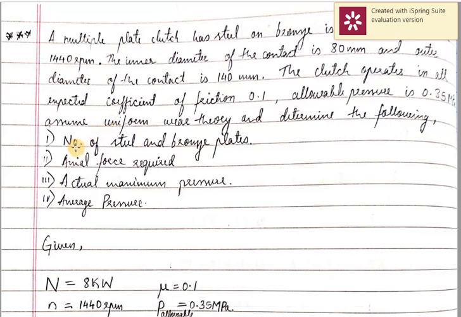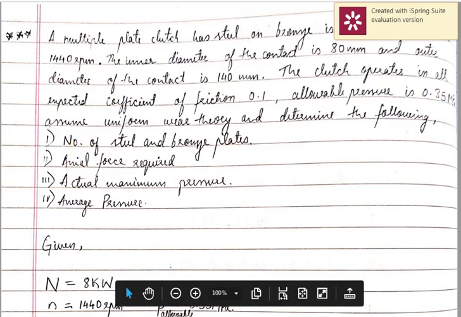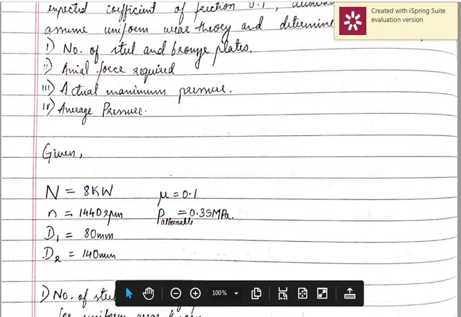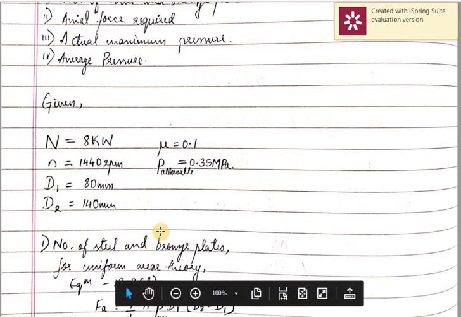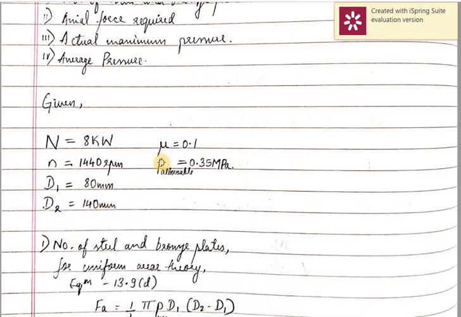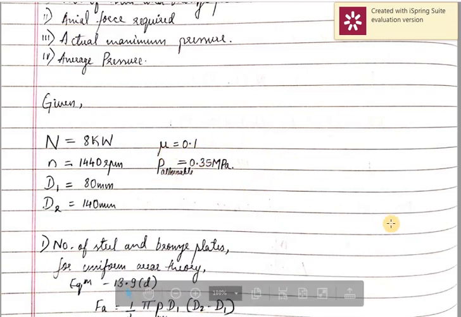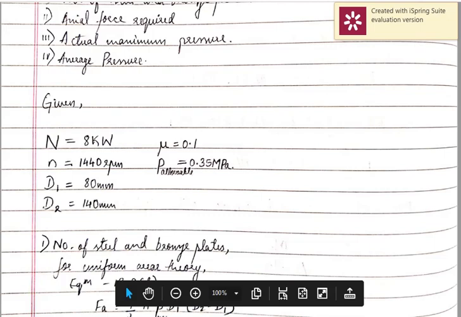Let us see what are the given parameters in the question. We have power 8 kilowatt, speed 1440 rpm, inner diameter 80 mm, outer diameter 140 mm, coefficient of friction 0.1, and allowable pressure 0.35 megapascal.